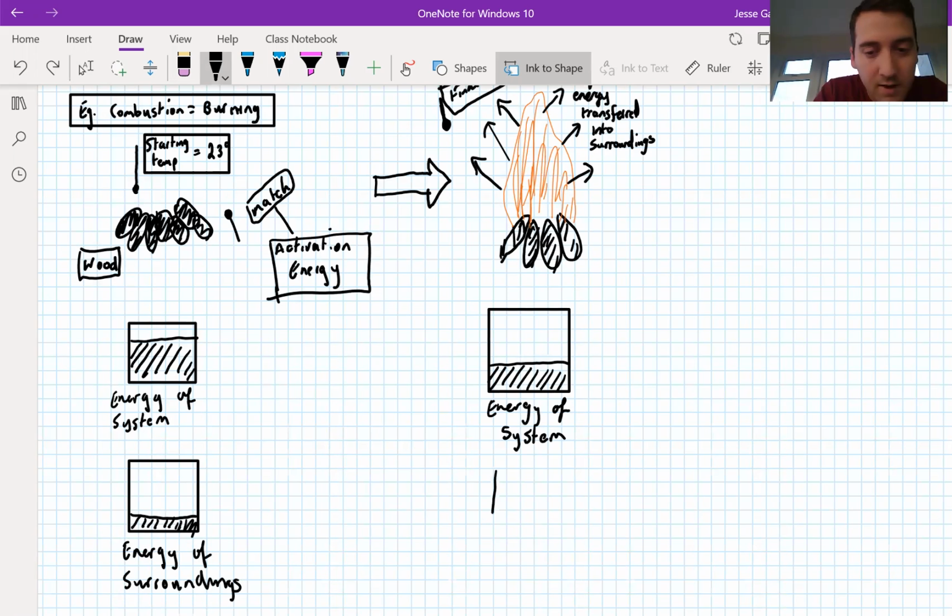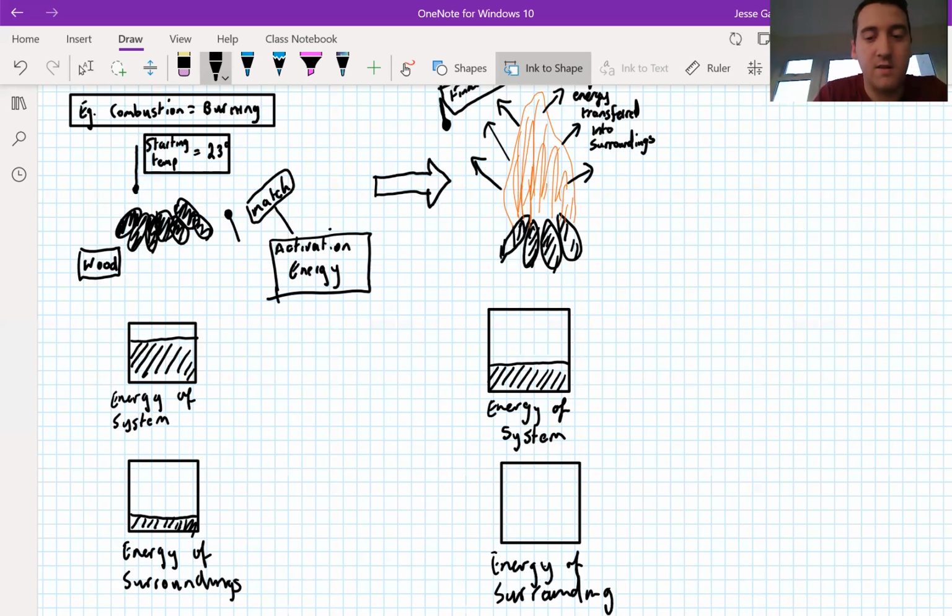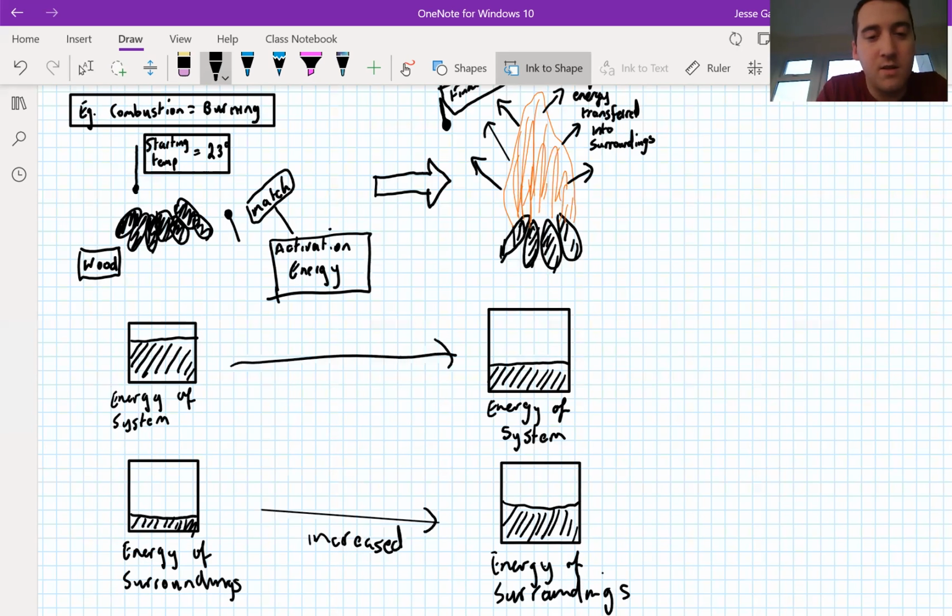We know that energy has left the system and moved to the surroundings. So the energy of the surroundings compared to what it was before will have increased. So there will be more energy in there. So we see energy increased, and the energy of the system will have decreased for this particular type of reaction.